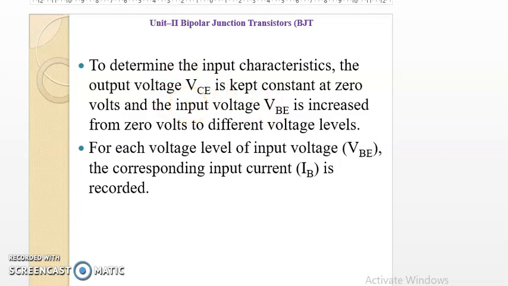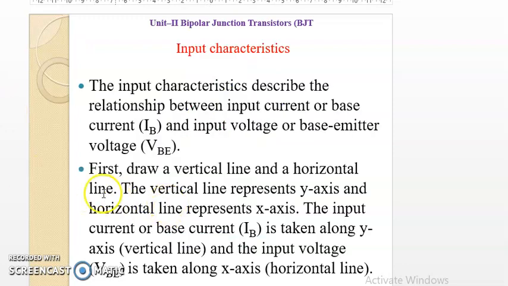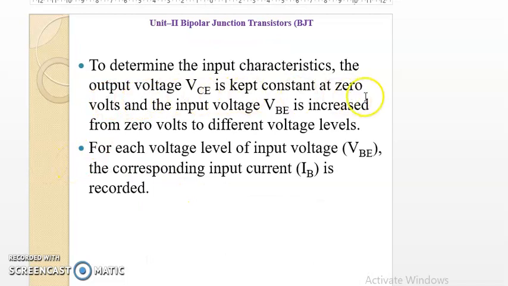I will show you the figure. One has to keep VCE constant and vary VBE, and the change in IB has to be recorded. By varying VBE, we note the variation in IB. So first of all, by keeping VCE constant at 0, we vary VBE and note IB.